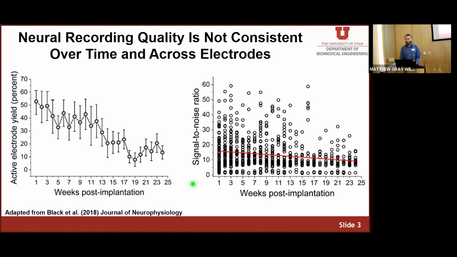And the issue here is that there's really not a great in vitro setup to test out these prototype devices with these softer electrodes. So a lot of the times, these groups will move pretty rapidly into animal models where things just get much more complex and it can be difficult to troubleshoot a new prototype. And so really the field would benefit from a better in vitro model to more rapidly develop these new devices.